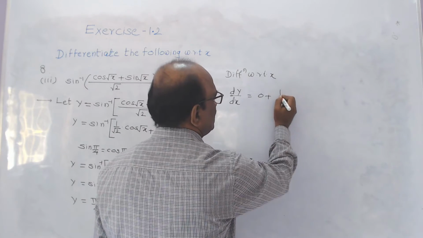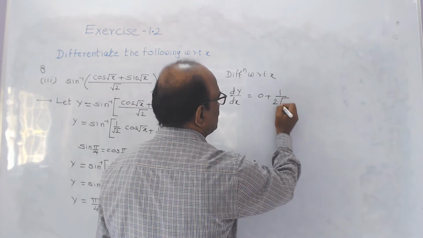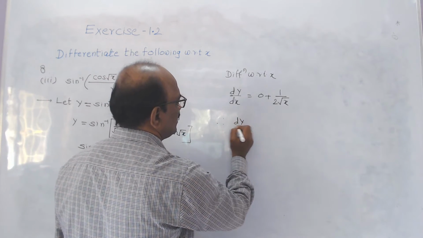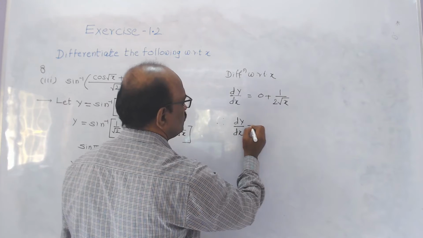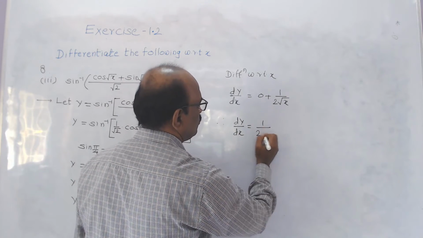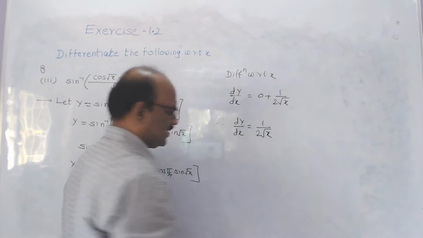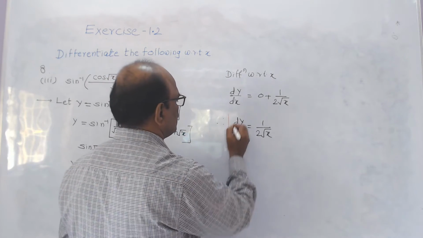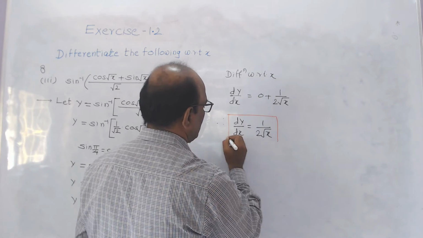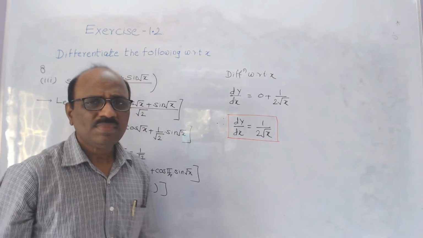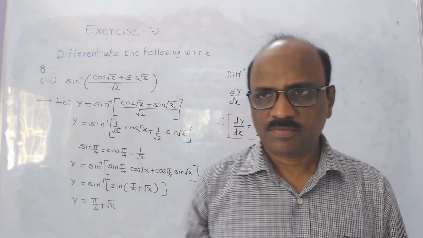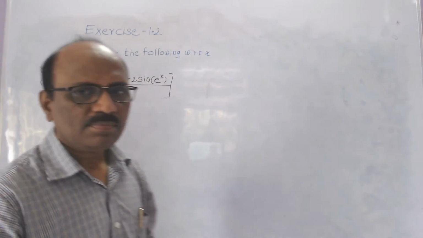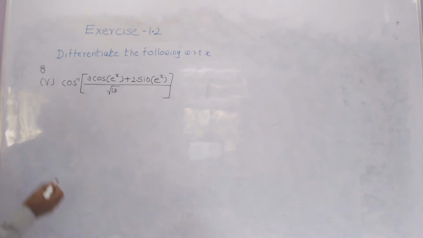Therefore dy by dx is equals to 1 upon 2 root x, and this is the answer. Now we'll take the next problem.